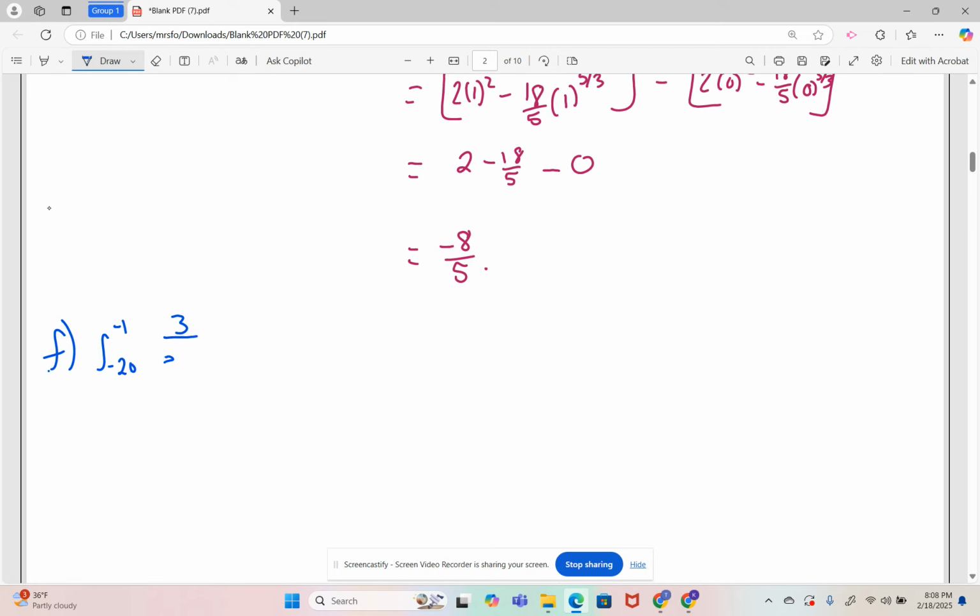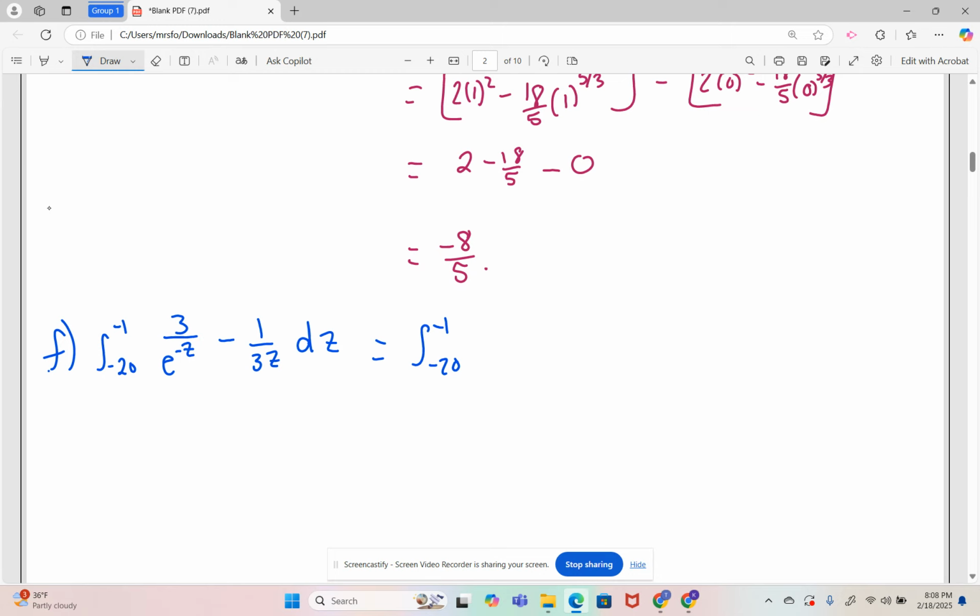3 over e to the negative z minus 1 over 3z dz. All right, so it is going to be so much easier if we just rewrite this. Look at that e to the negative z. Like, that's in the denominator, and it's a negative exponent.